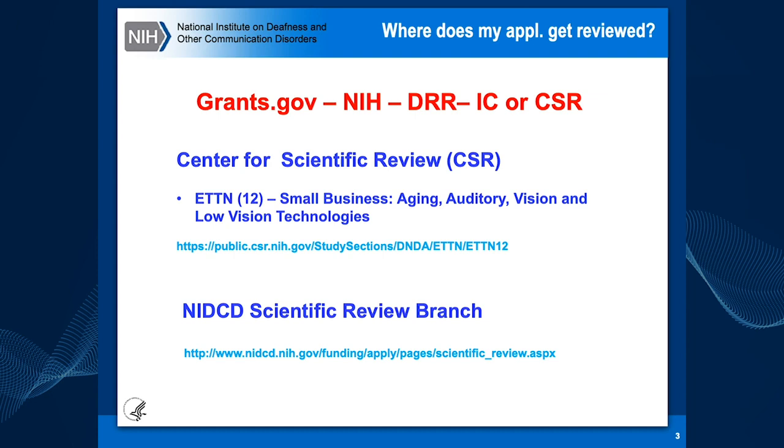Applications assigned to NIDCD are typically assigned to the initial review group named Small Business, Aging, Auditory, Vision, and No Vision Technology, ETTN 12. Here is the slide URL for the ETTN 12 if you are interested in getting more information about this panel.